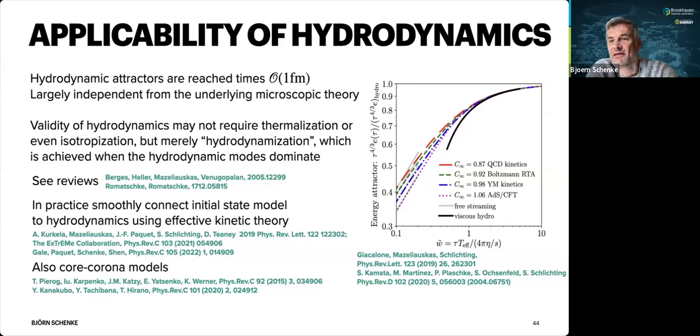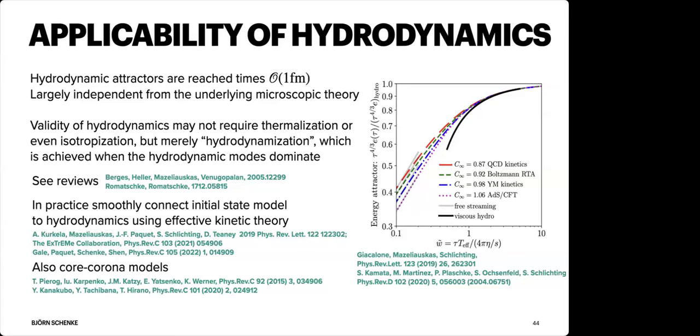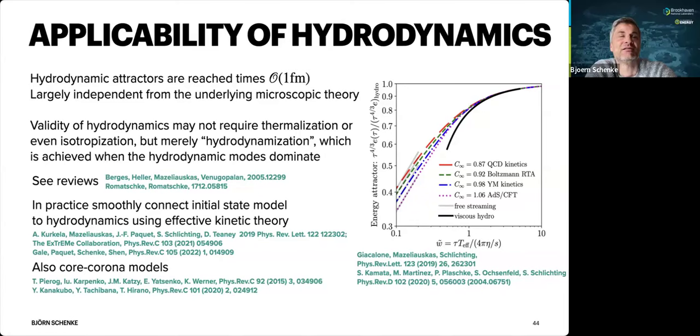This is how you distinguish them. In the limit of small wave number, these are the modes that survive the longest. After everything else is gone, the system behaves like hydrodynamics, because only these modes are left.